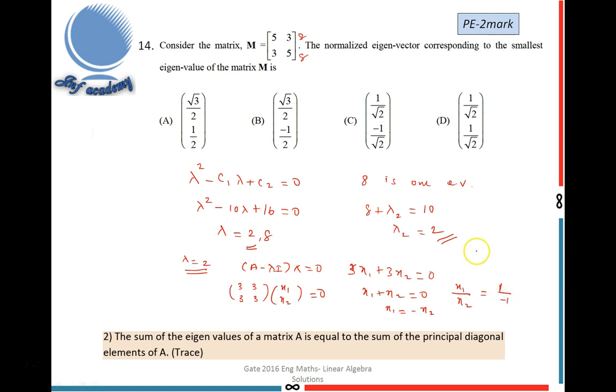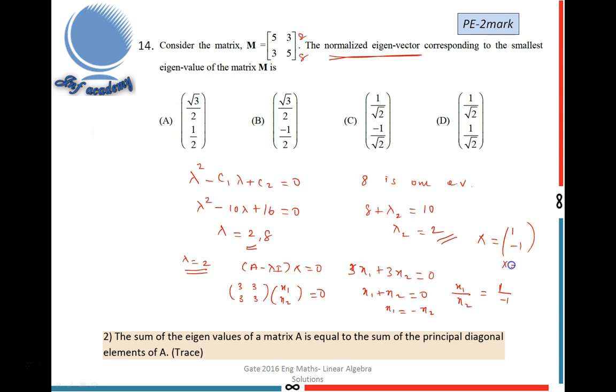So the eigenvector is 1, minus 1. But here we need the normalized eigenvector. How to find the normalized eigenvector? Take the sum of the squares of the column elements, and divide each element by the square root of that sum.